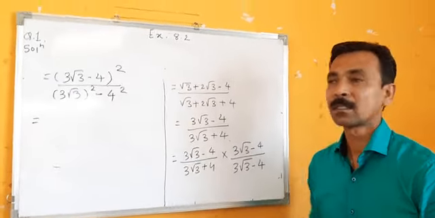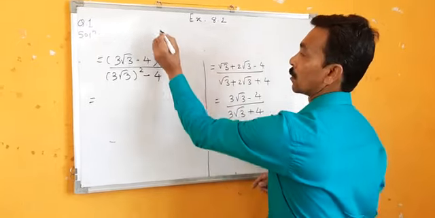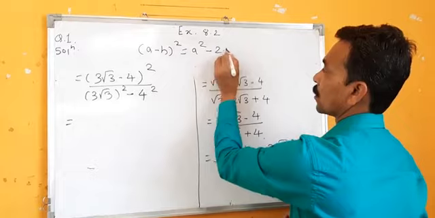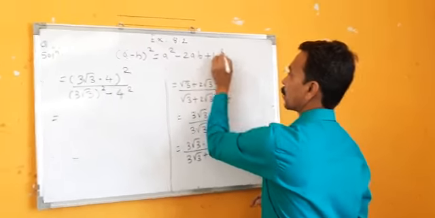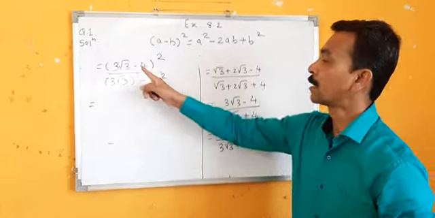See the numerator. The numerator looks like the identity a minus b whole square. A minus b whole square is what? A square minus 2ab plus b square. What is a here? 3 root 3. What is b? 4.